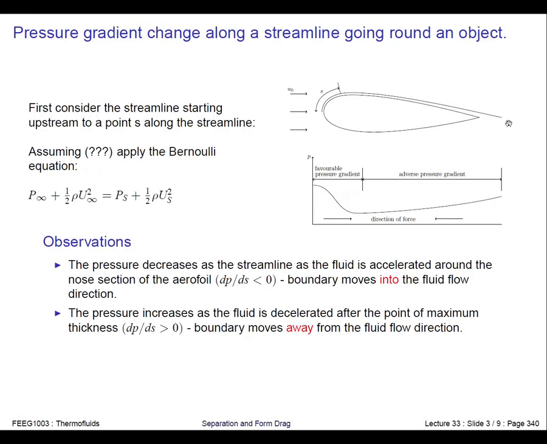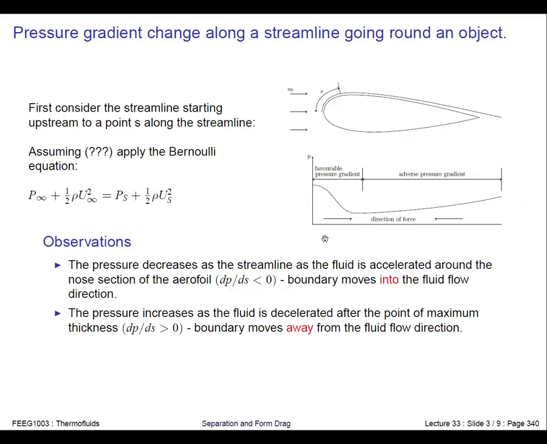When we plot the pressure as a function of the distance along the streamline, we find that the pressure profile looks like this. This is where the flow is being accelerated around the object, and this is where it's slowing down and the pressure is starting to recover.